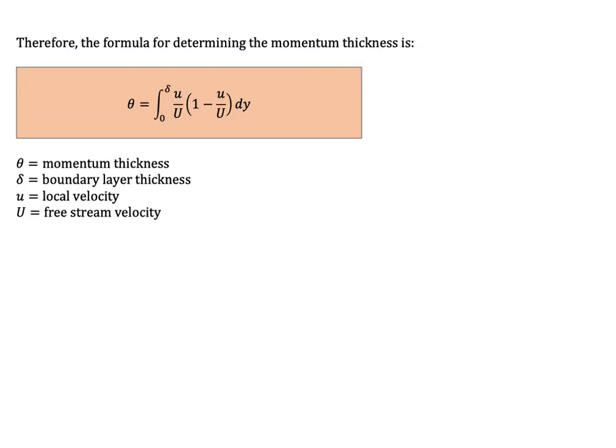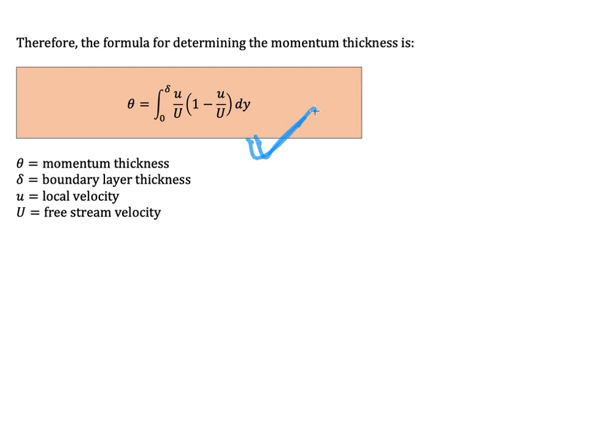So the idea of momentum thickness is to make sure that our calculation after this will conserve the momentum. So theta here is the equation for the momentum thickness. So you will have the integral 0 to delta u over U times 1 minus u over U dy.